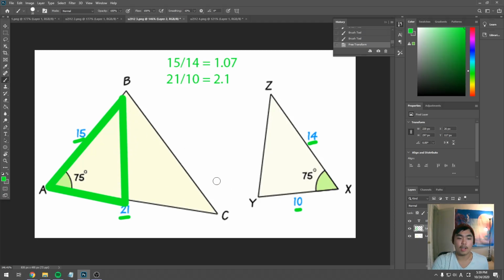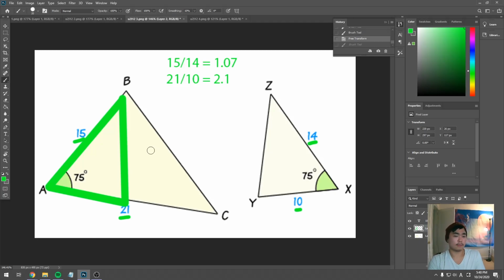The ABC is way wider than what this is. It's not scaled the same way, clearly. That 10 is scaled twice as long somehow. This is extending twice as long, but this is only extending by a little bit. So they're not similar.